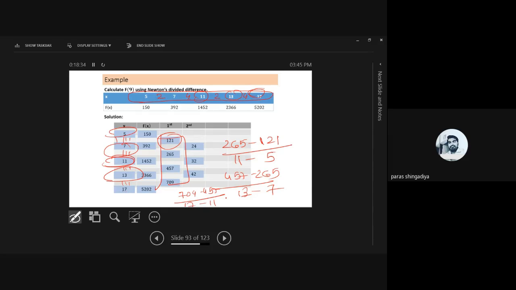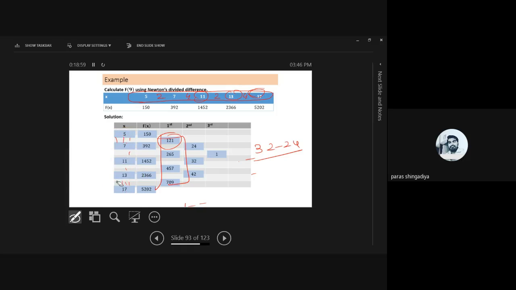Is it clear? Yes. Okay. Now in the third divided difference, it will be 32 minus 24. Now we'll skip 2 values in this column of x.